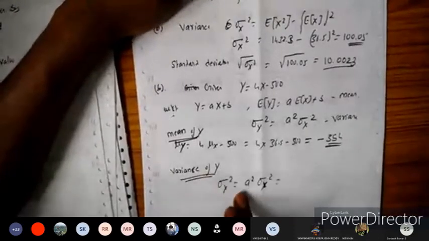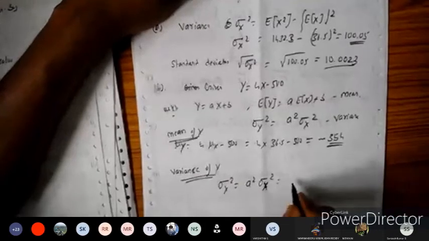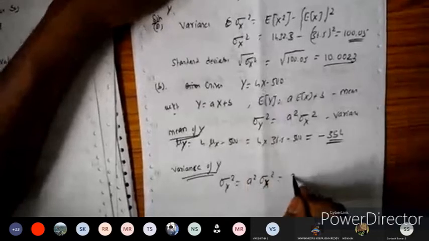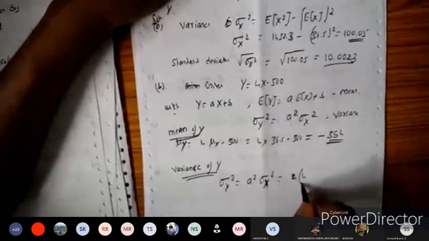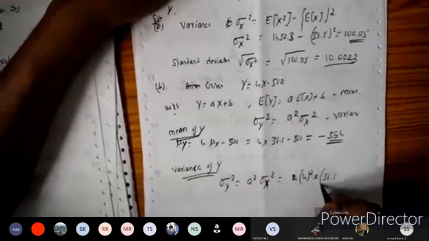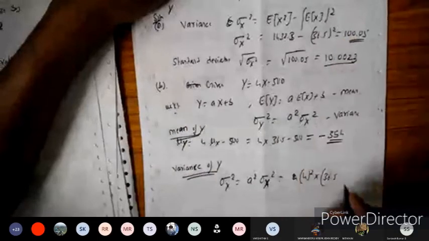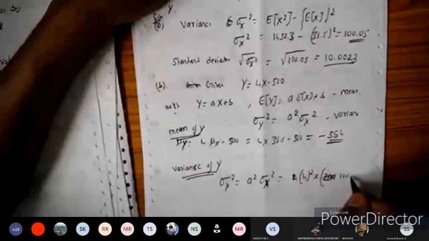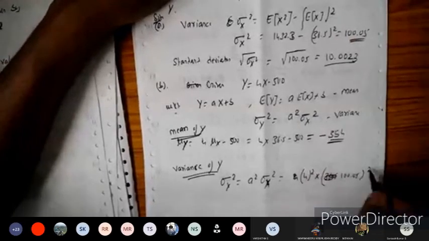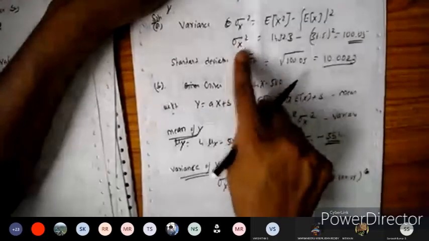Now find the variance of y. The variance sigma y square is equal to a square into sigma x square. So a square is 4 square, into sigma x square, which is the variance, 100.05.